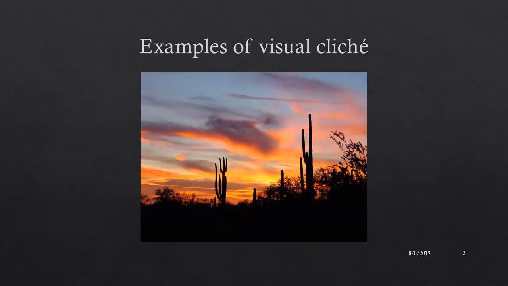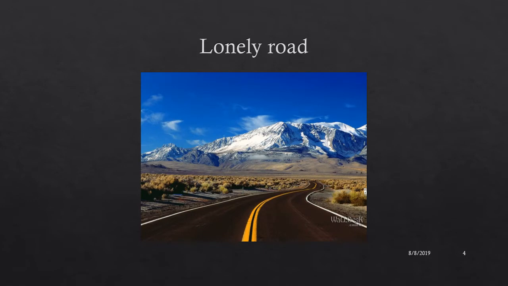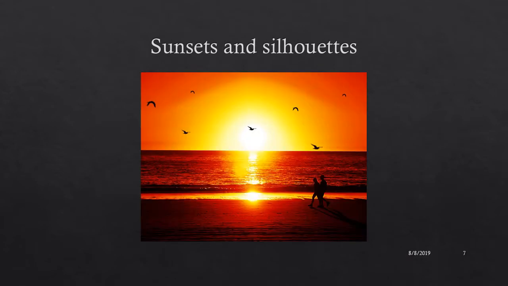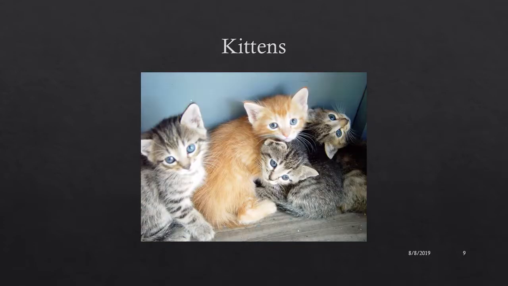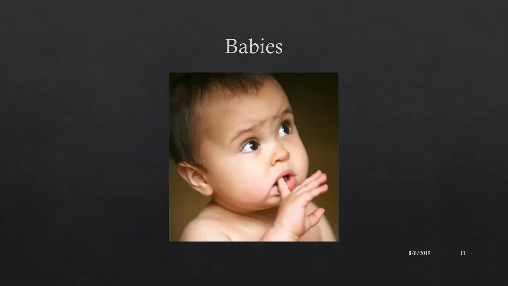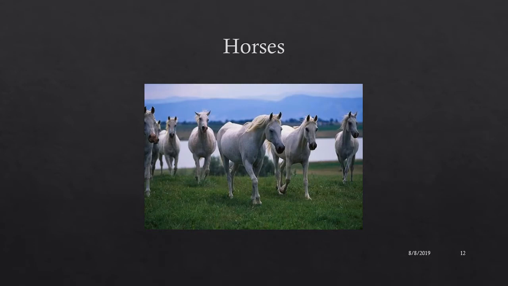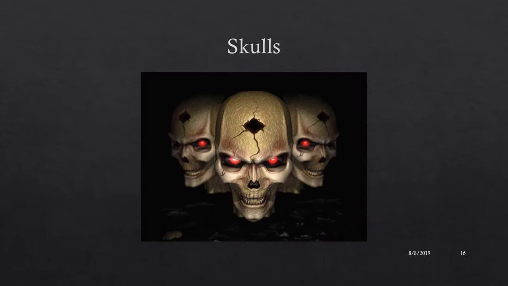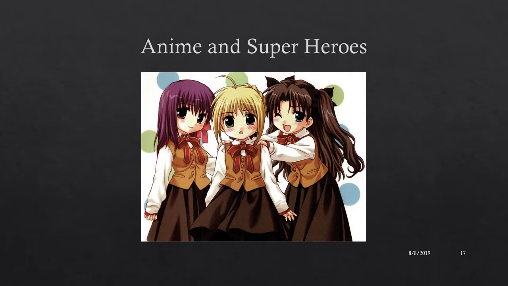And some examples of visual cliché are, especially here in Arizona, swirls and desert scenes, lonely roads going off into the distance, a lone tree, sailboats and beaches, sunsets and silhouettes, flying birds, kittens, puppies, babies, horses, crosses, blood, worms, skulls, anime, and superheroes. Yes, I'm including this in the clichés.